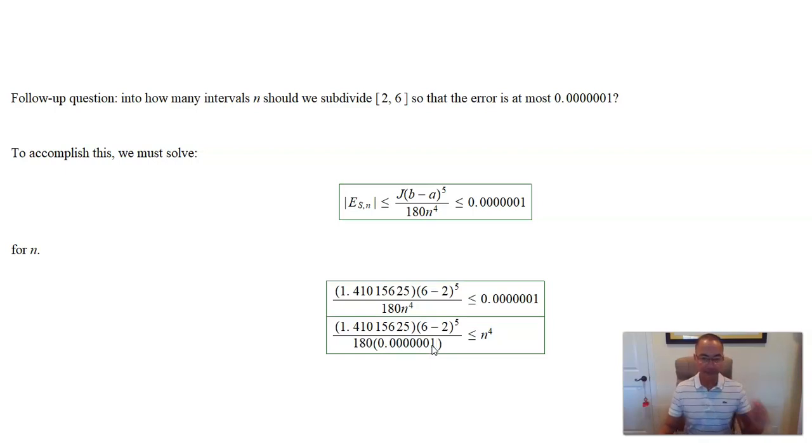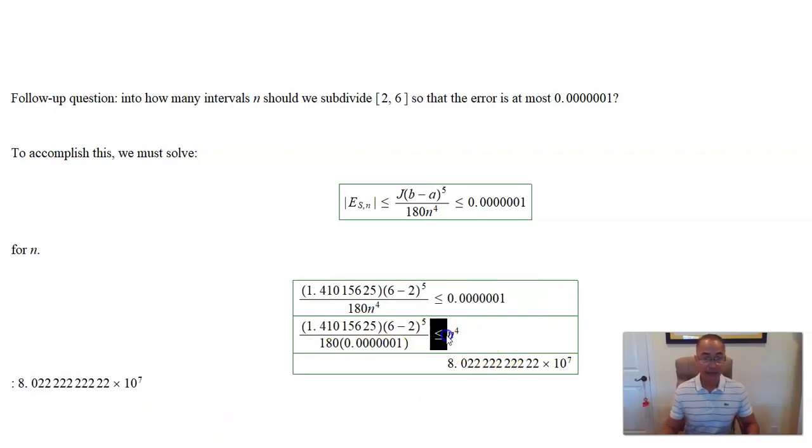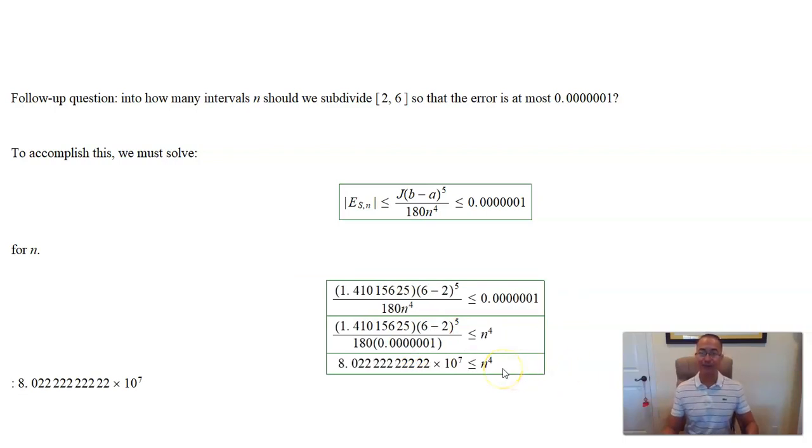Okay, there we go. So n to the 4th will have to be at least this amount. So let us compute this number. It is approximately another big number. Yikes. So earlier, it was something like that, but it was n squared last time for trapezoid.